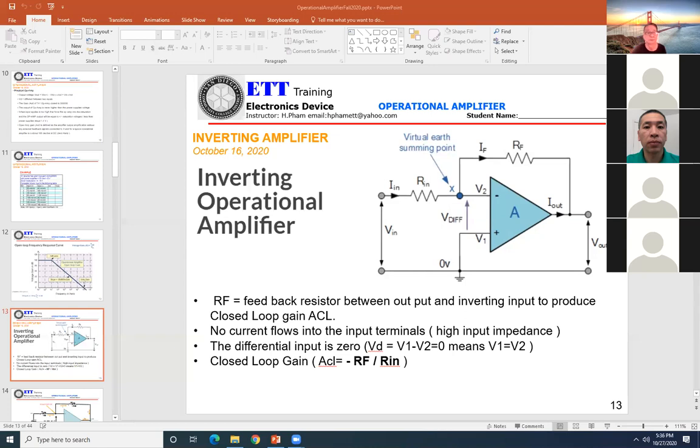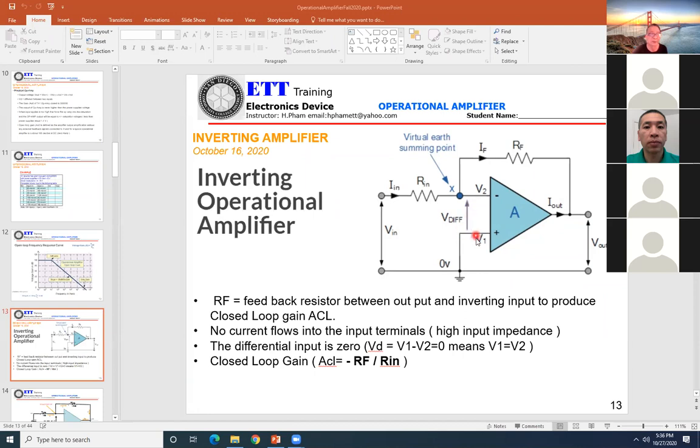But if I apply 1 volt, will I get 1 volt in here?